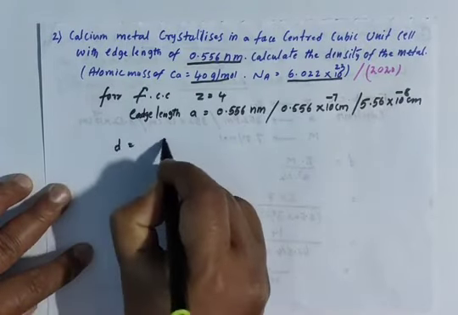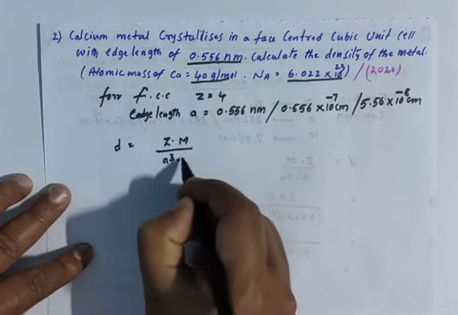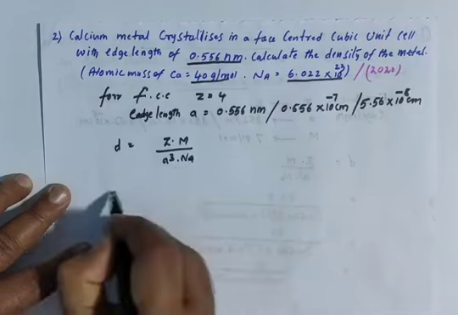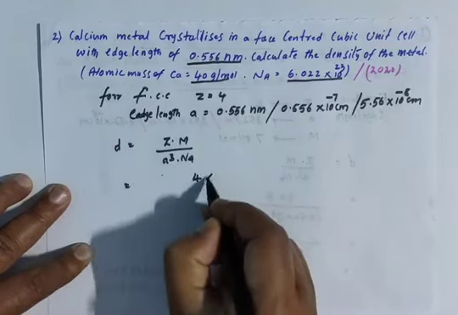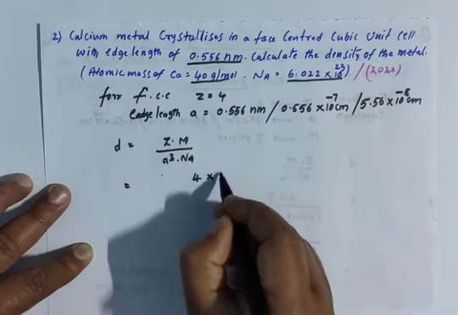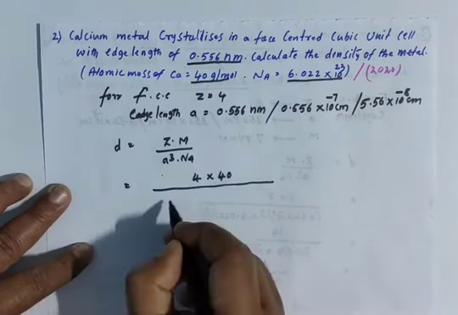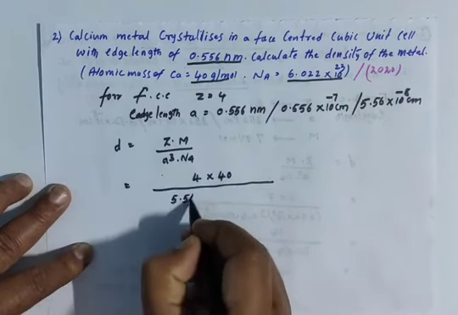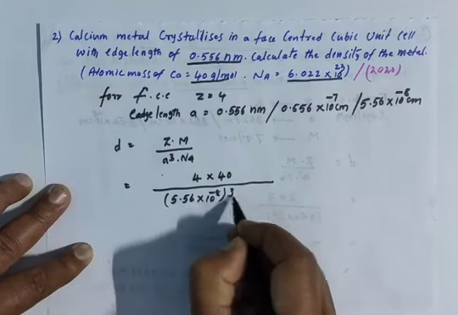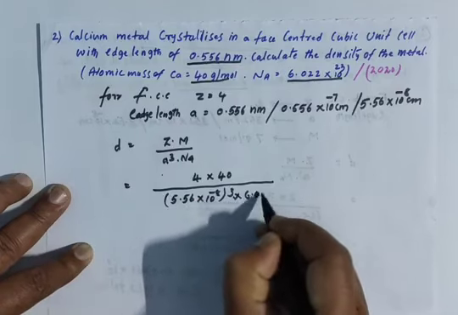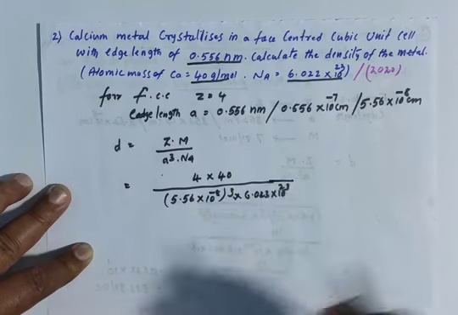Density d equals Z M upon a cubed into NA. Go for substitution. Z value 4 into mass, calcium 40, upon a cubed, 5.56 into 10 raised to minus 8 whole cubed, into 6.022 into 10 raised to 23.